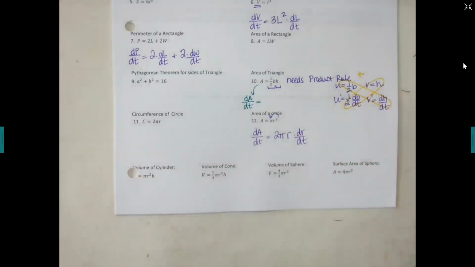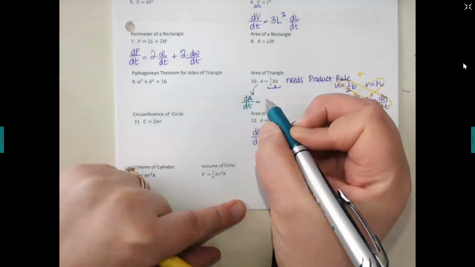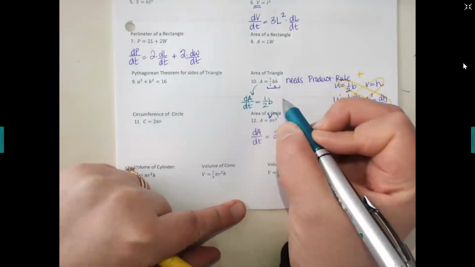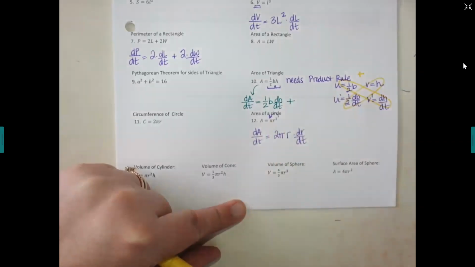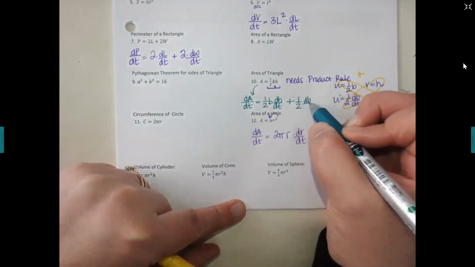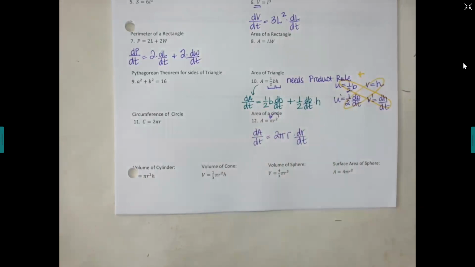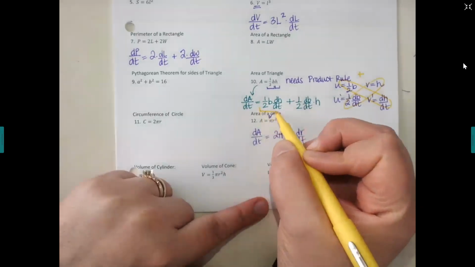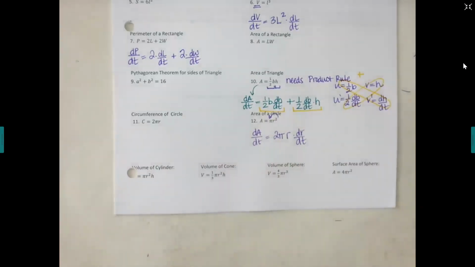Order doesn't matter, but I'm going to do this diagonal first. So it'd be 1/2 b dH/dt plus 1/2 dB/dt times h. But keep in mind that this is all one term, plus this is all one term for product rule.